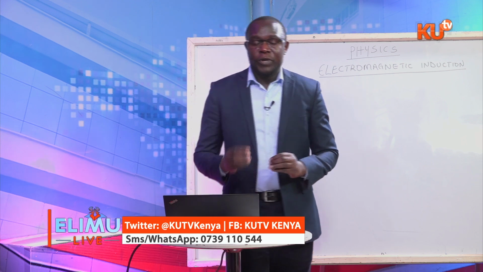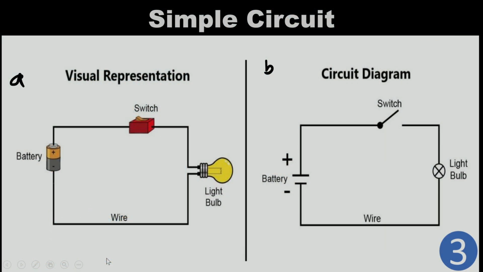Now, to understand what is happening between the turbine and the power station, whereby this electricity or power is converted into another form so that it is fed into the national grid system, it is good that we discuss the simple circuit that is always discussed in Form 1.